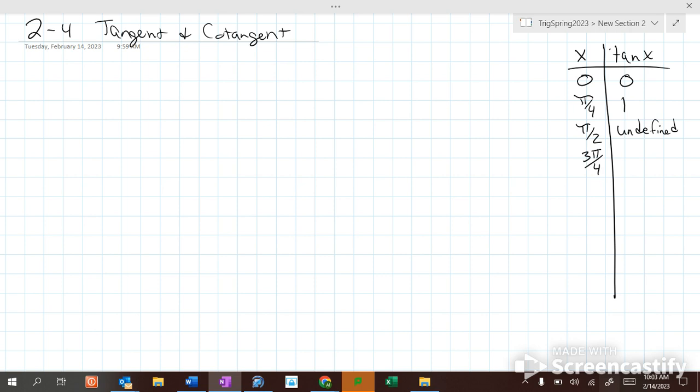All right, 3 pi over 4. -1. Thank you very much. Pi. That's 0, because 0 divided by -1 is 0. 5 pi over 4. 1. 3 pi over 2.